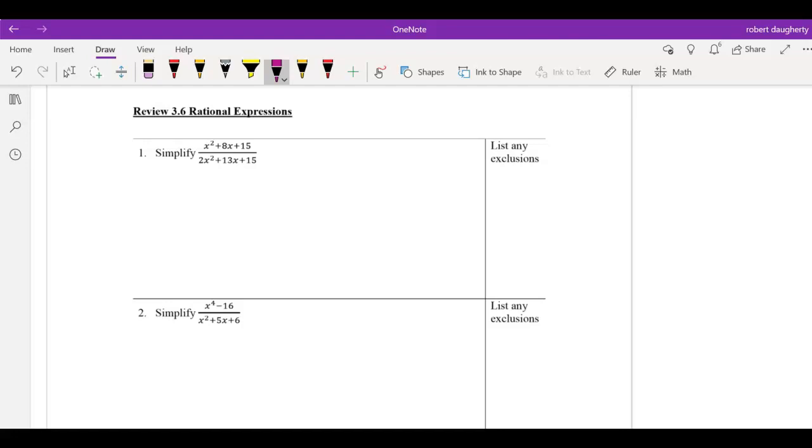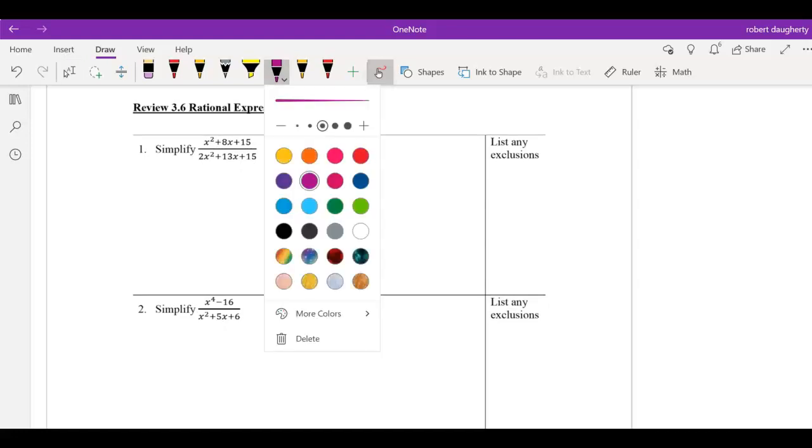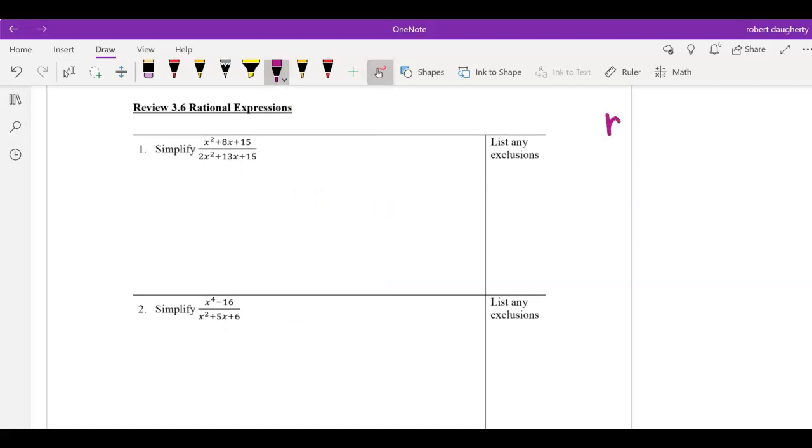So if I look at that numerator, are there numbers that multiply to 15 and add to give me an 8? It looks like a 3 and a 5 will do that.